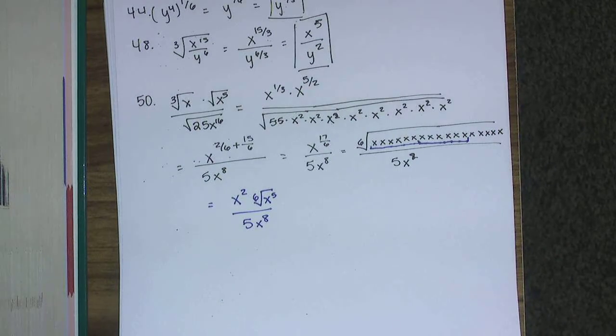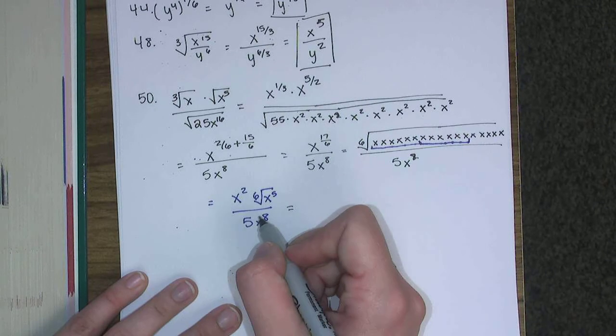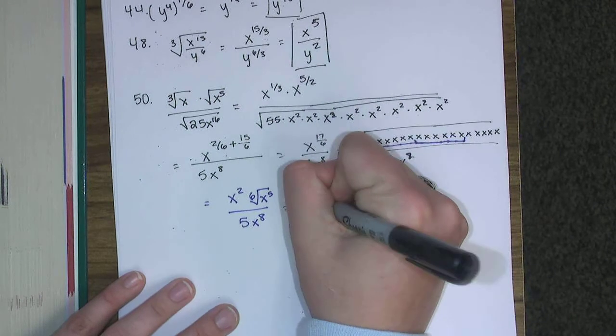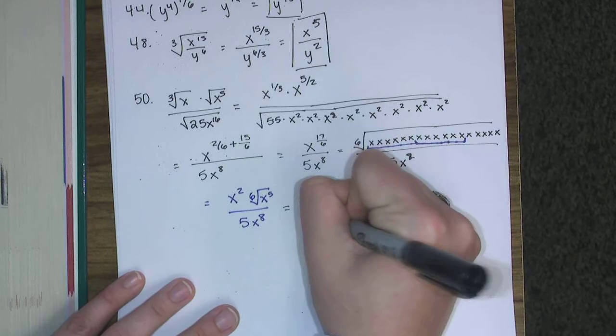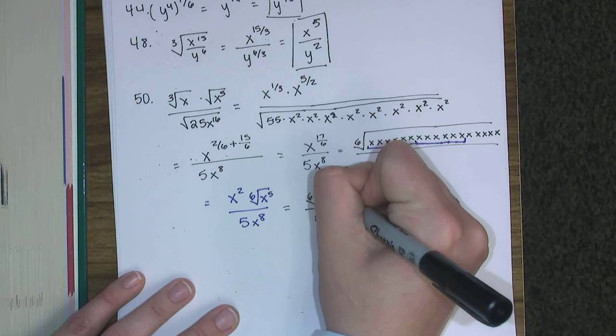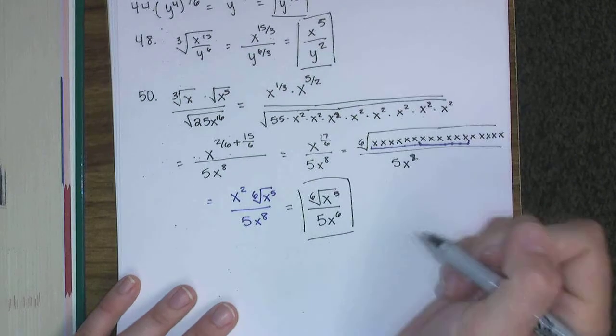So I have the 6th root of x to the 5th, all over 5x to the 6th, and that would be my final answer for that one. I know that's a lot, having to pull out all those x's. This is about as hard as these problems get, so don't stress about them too much.